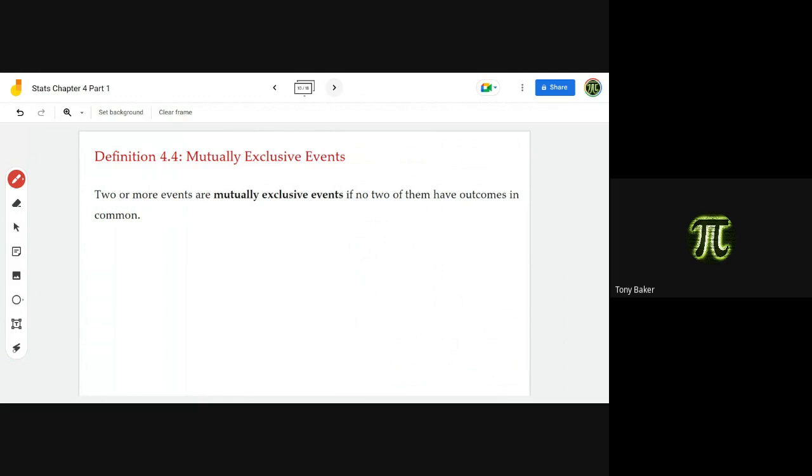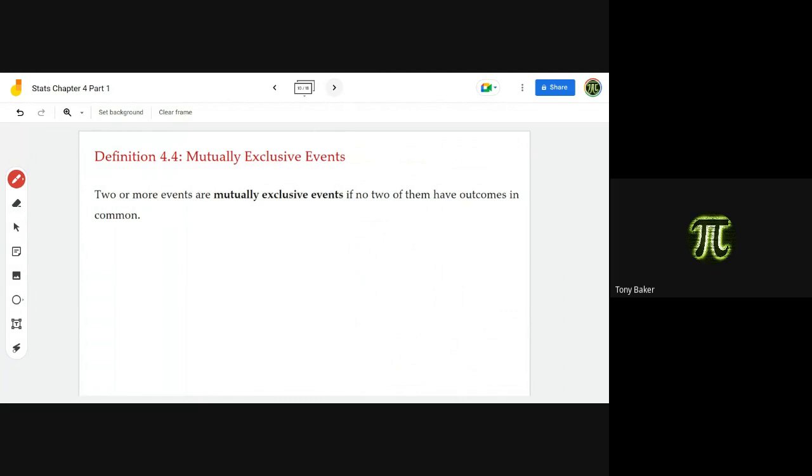So are clubs and spades mutually exclusive? Yes. There's no overlap between a club and a spade. Those would be two completely distinct probabilities.